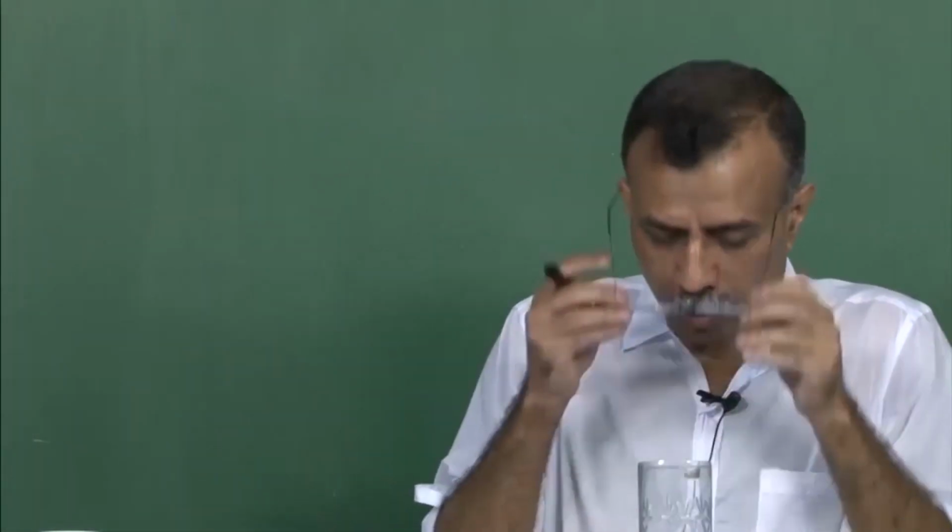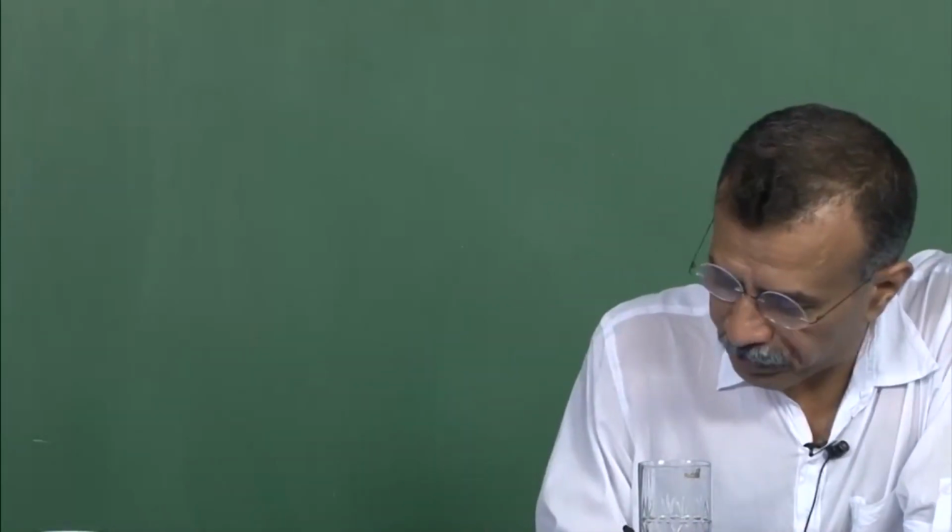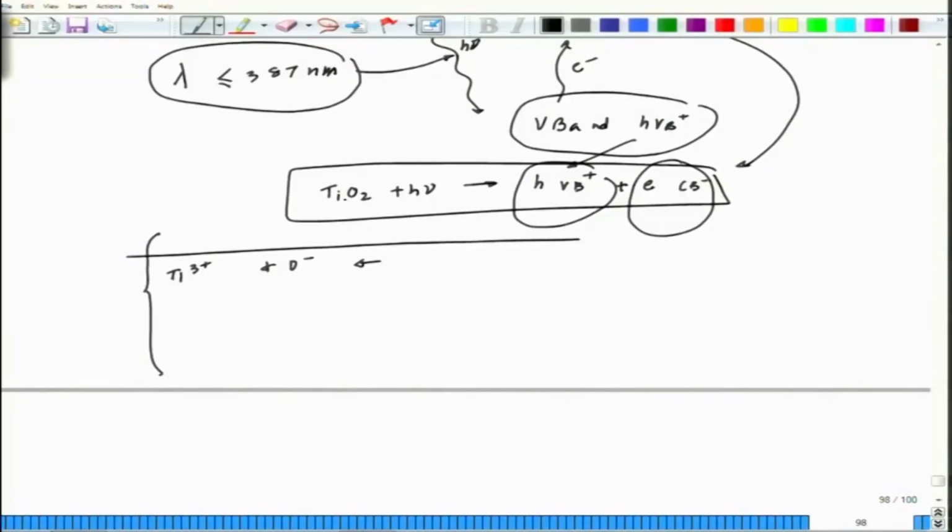Okay. So, coming back to where I was, I told you that TiO2 plus water plus light is generating an electron and hole combination.